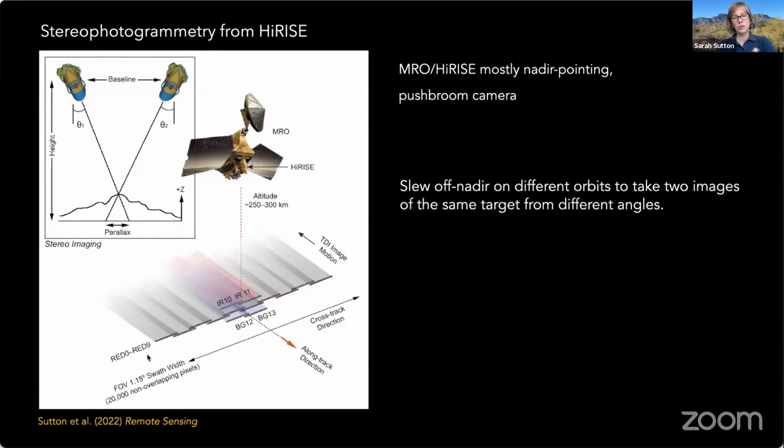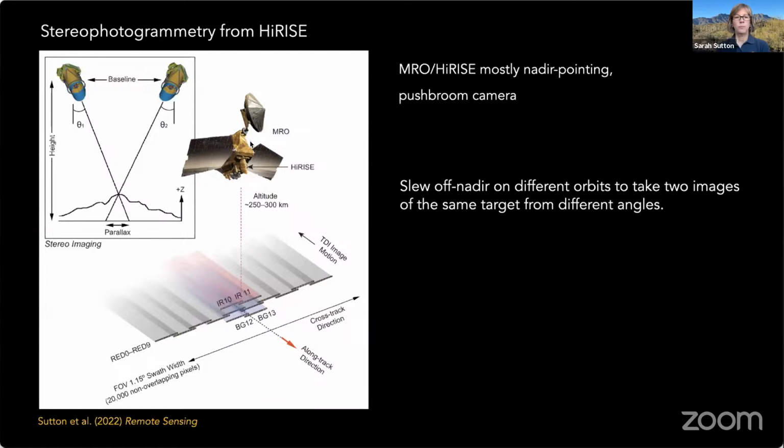The image is built up line by line as the spacecraft flies over in orbit. So the line speed has to match the spacecraft ground track speed. So we're actually acquiring the data extremely fast, and we're limited in the length of the images by how much memory we have or the temperature ranges of the instrument during image acquisition.